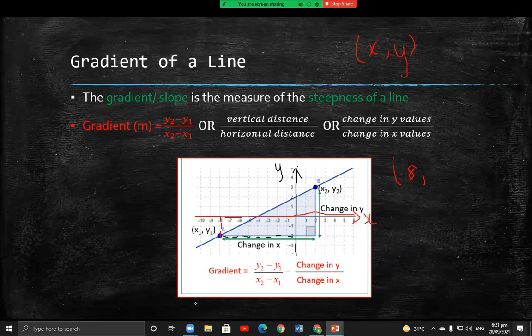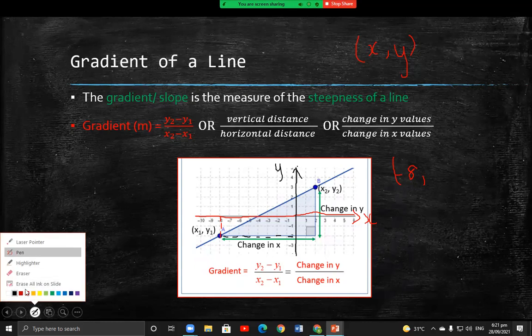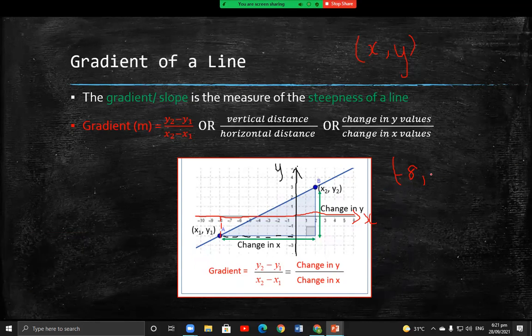In this case, it's -2. So the coordinate for that point A would be -8, -2. I just need you to understand this. We'll do this more in depth in another topic, but I just need you to understand the basics right now. So everybody understands how to find the x value and the y value for coordinates?